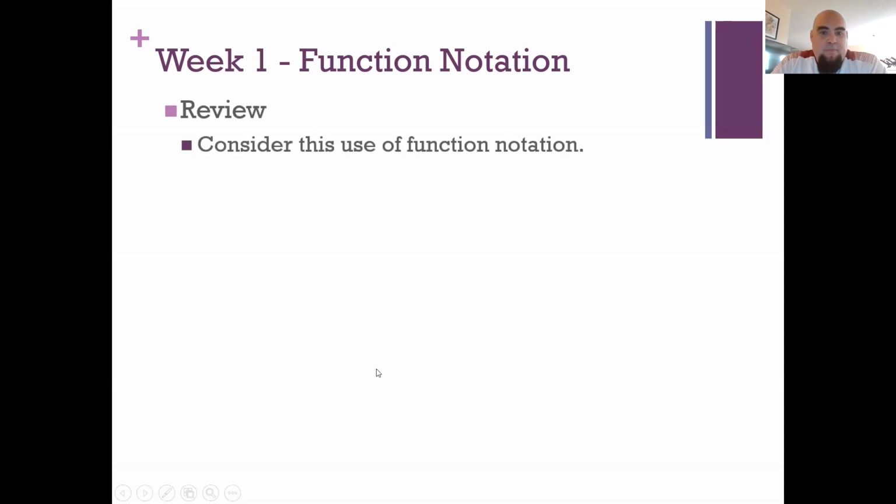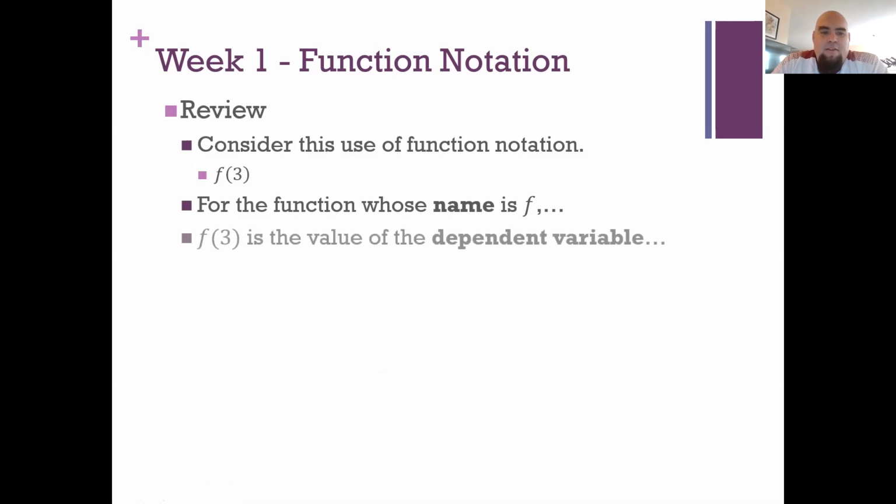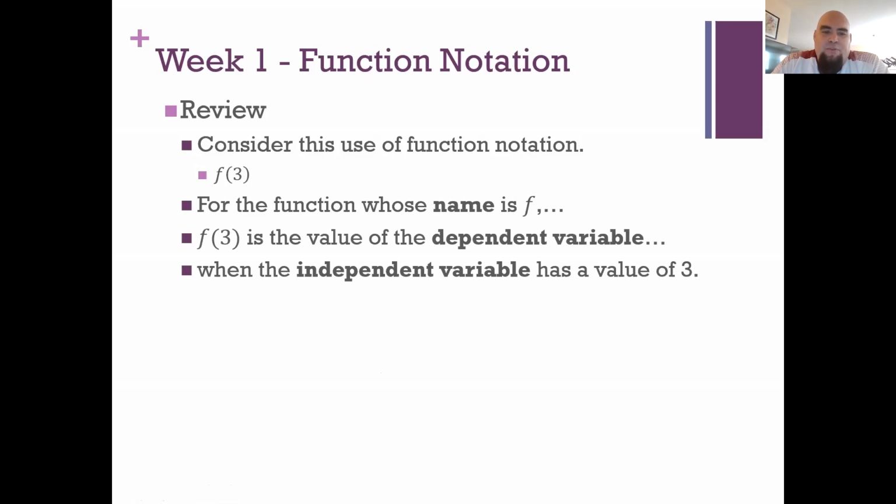All right, so let's look at a piece of function notation. If we look at this right here, read f of 3. There's a function. We don't know what it does, but we don't need to know right now. Its name is f. f of 3 is the value of the dependent variable. Usually we think of the dependent variable as having the value y. So f of 3 is the value of the dependent variable when the independent variable has a value of 3.